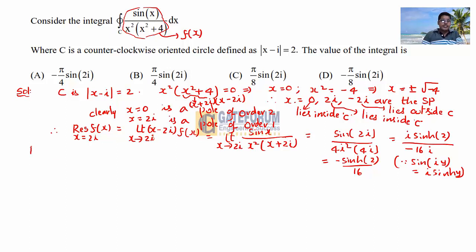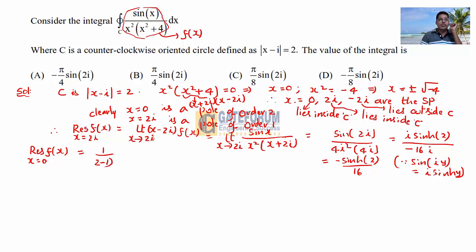Now the residue of f(x) at x is equal to 0. This is a pole of order 1. Sorry, a pole of order 2. According to the definition of residue at the pole of order m, here you put m is equal to 2.